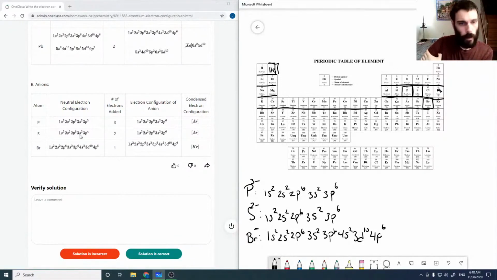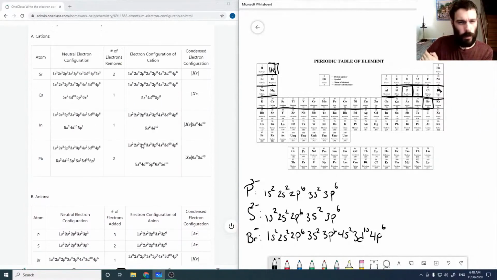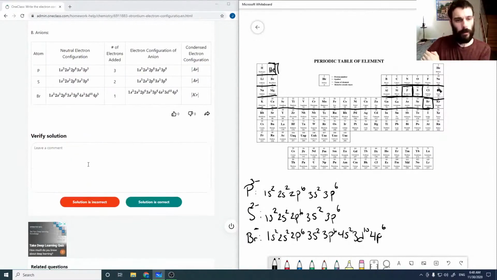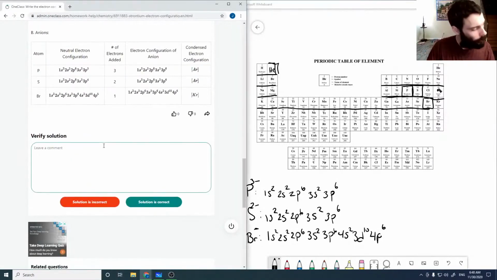But then for phosphorus, sulfur, and bromine, this looks good. So it's really just the lead that is missing its F block. But I would say the solution is largely correct.